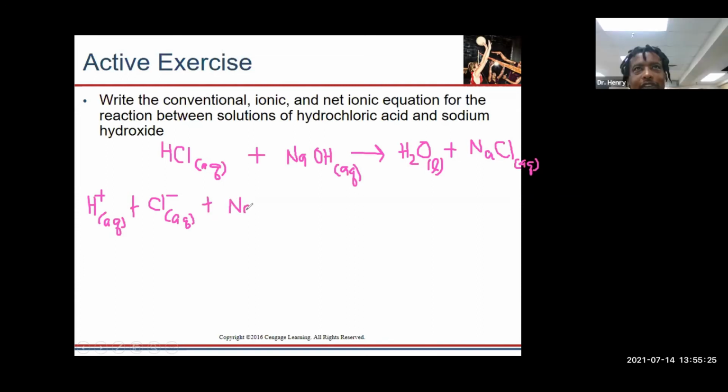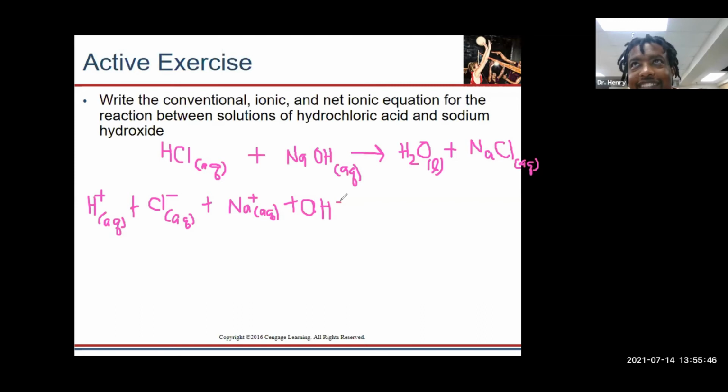Keep going, I'll catch up with you. H2 plus... wait, would the H2O be together or separated? It's together because it's covalently bonded. So then it's H2O and it's a liquid, right?